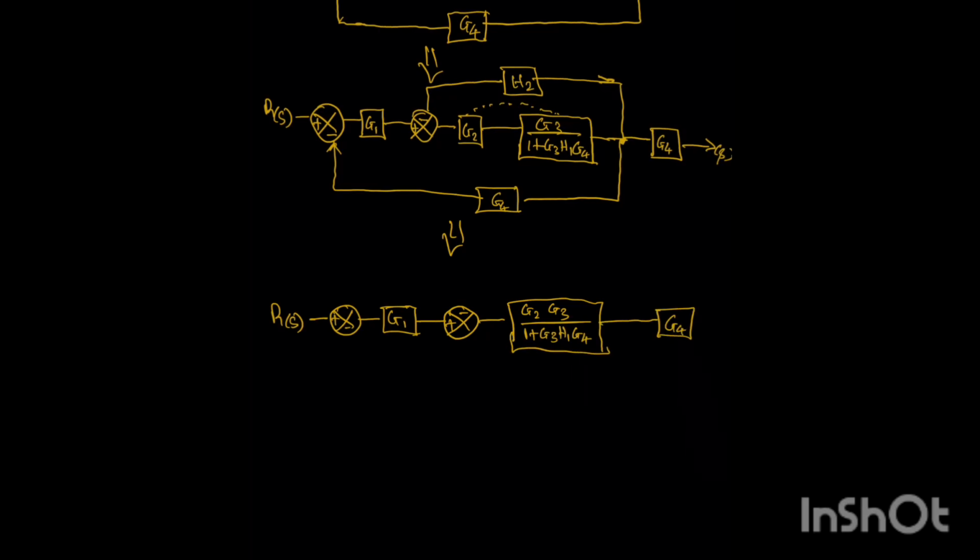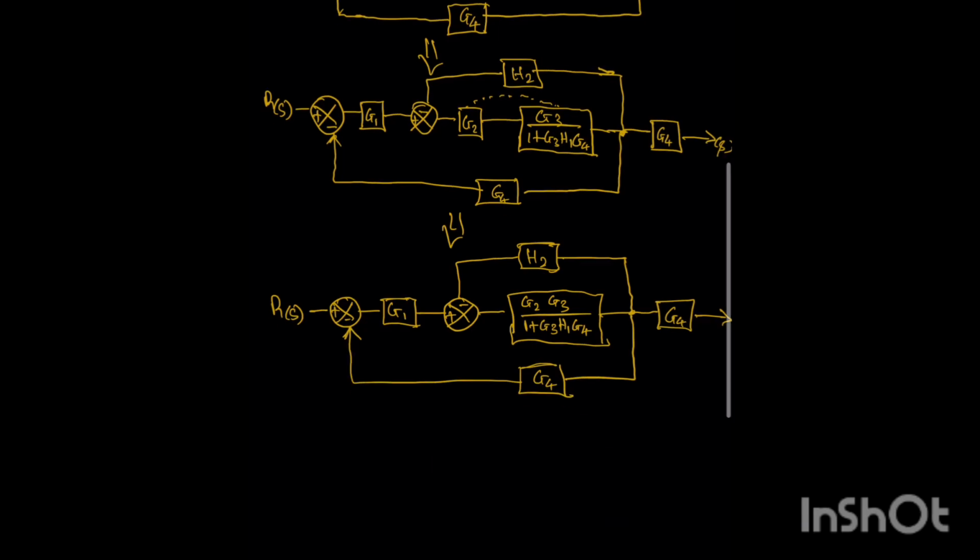This is our G4. So we still have, here is our H2 connected to this, and here is our what? G4 connected to this negative feedback.